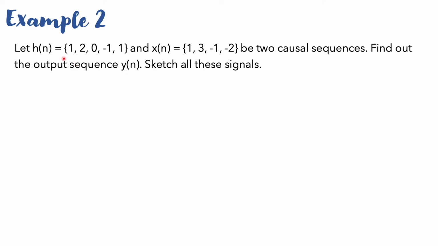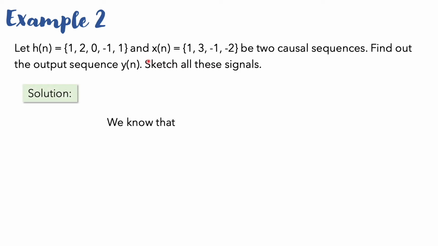So we have to do convolution here of x and h. But which one to use, convolution integral or convolution sum? We will use convolution sum because these are discrete time sequences. In the previous example, we used the convolution integral because that was a continuous time signal.